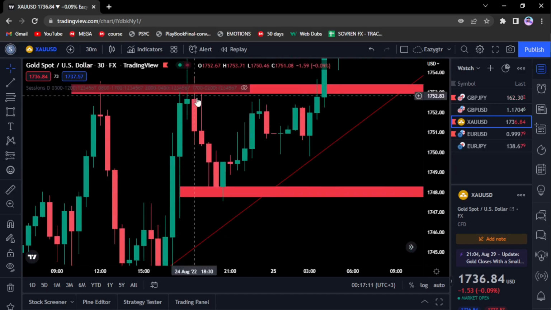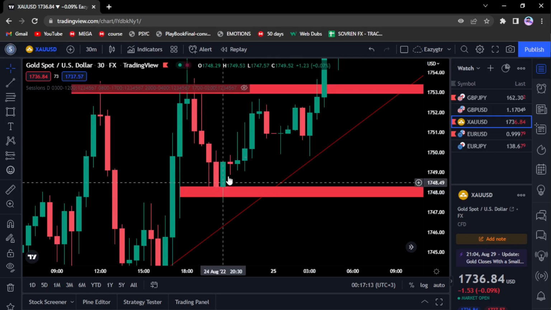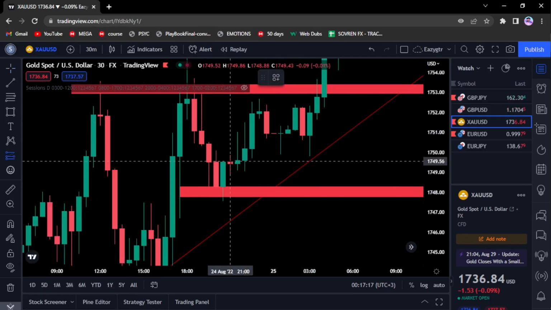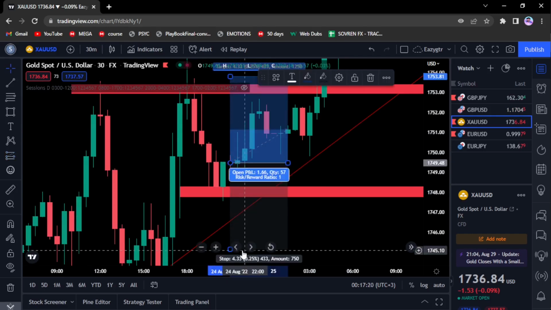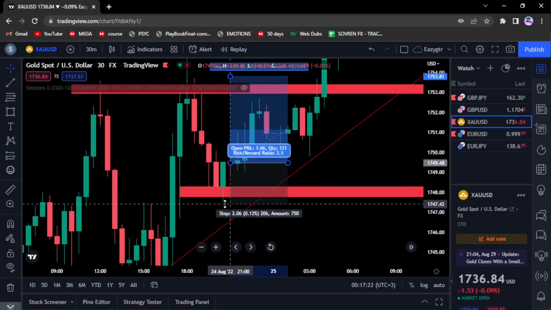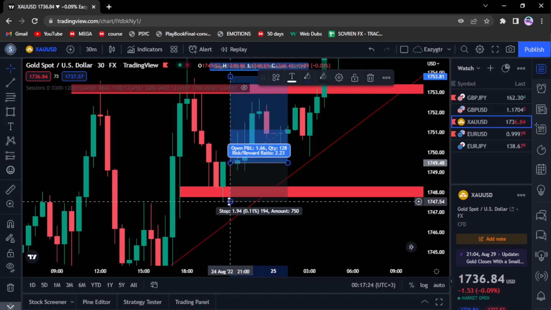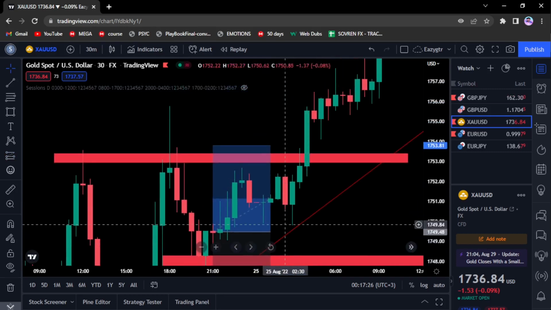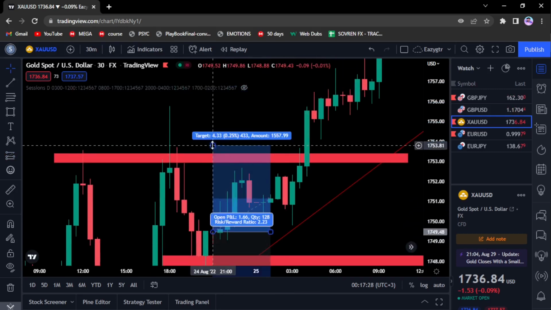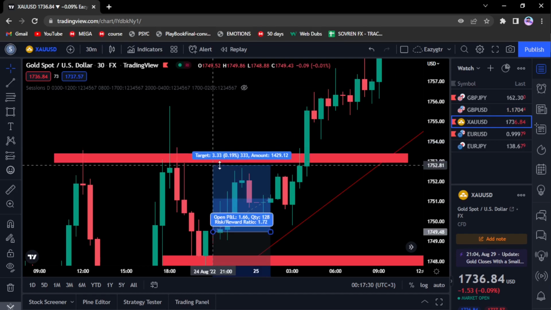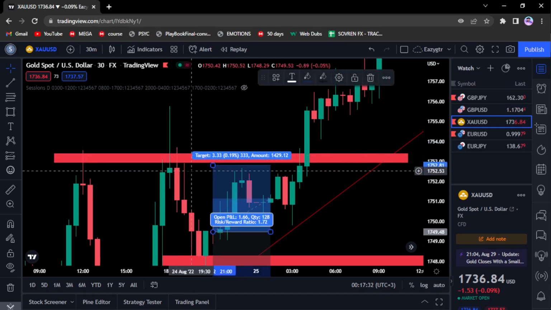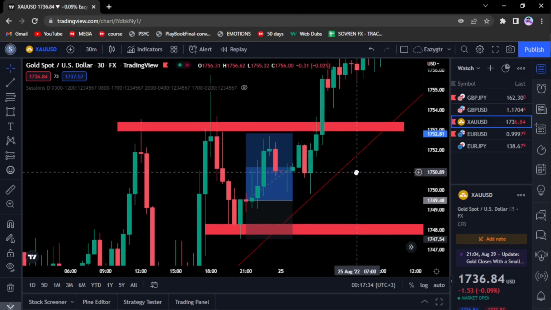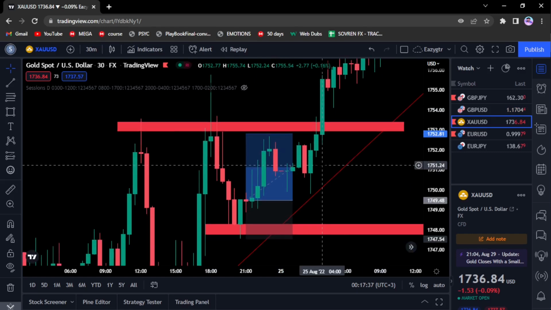Okay, so higher high, pullback, retest of the highs. I'd take my long position here, have my stop loss below this zone, and have my take profit at around the retest of the highs. I'm giving you an overbite.